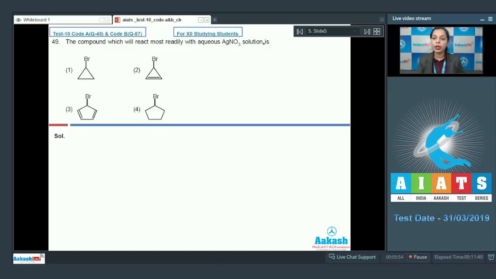And if the carbocation is stable, then definitely that would be the species that was reacting most readily with AgNO3. So in this case, if I talk about the species given here in option 2, just have a look on that. If we talk about this, in the presence of AgNO3, it will form carbocation easily.